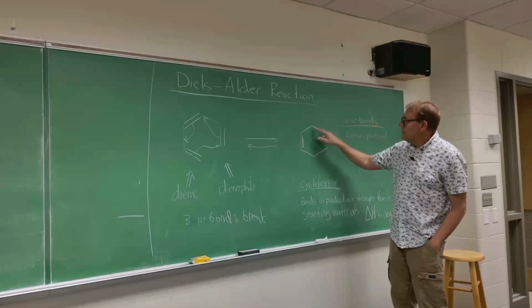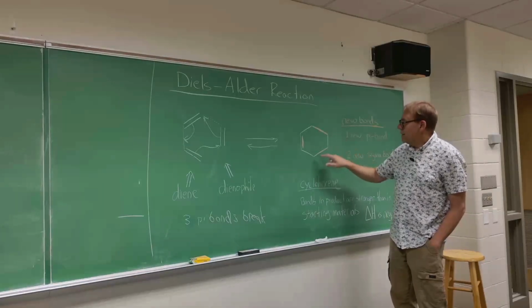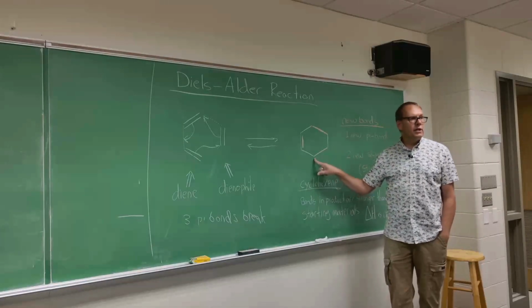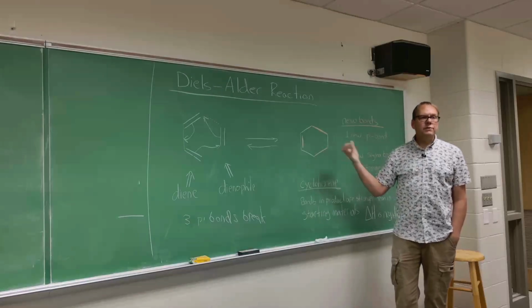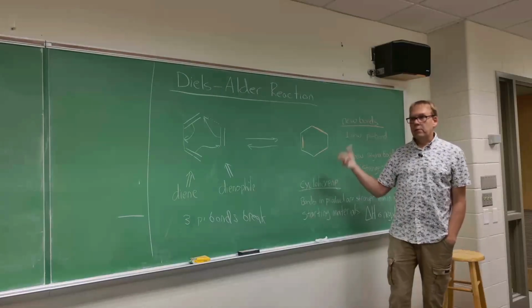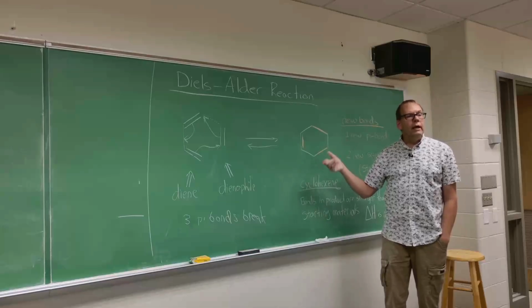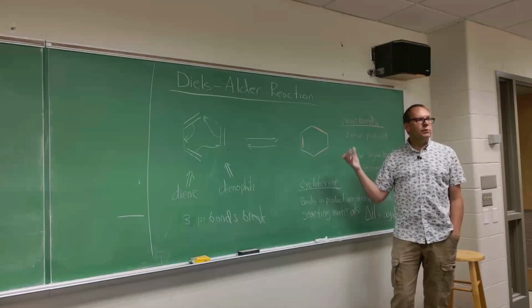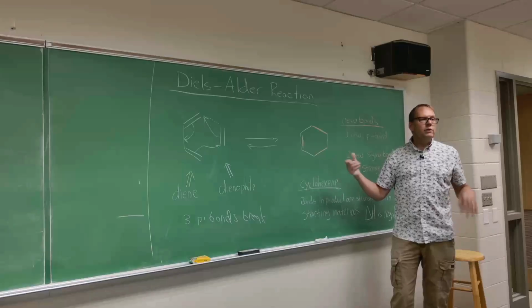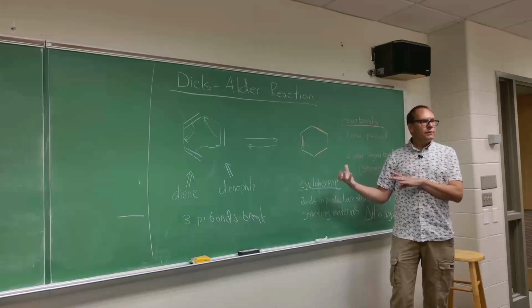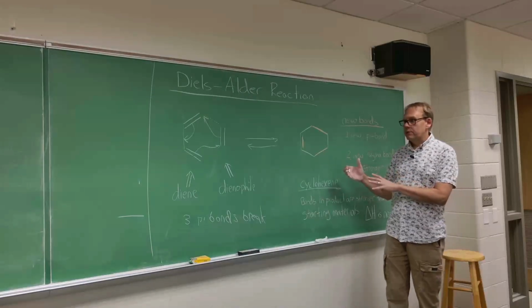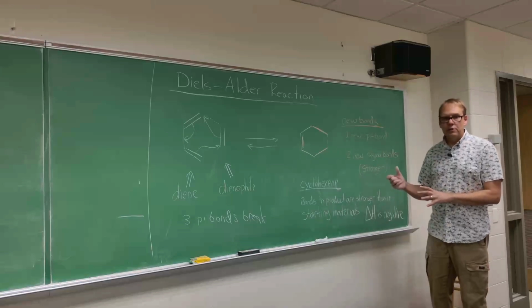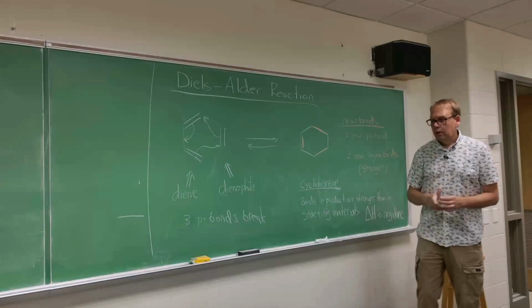That atom, that atom, that atom, and that atom can all potentially be stereogenic centers. The reason this reaction won the Nobel Prize is that it is very powerful. It makes a bunch of bonds, it makes a ring, and it potentially makes up to 4 stereogenic centers. So it builds a lot of complexity really quickly. And when you can do that in a controlled way, that's a really powerful process to have. And so that's why Diels-Alder reaction was considered such an important reaction in organic chemistry.